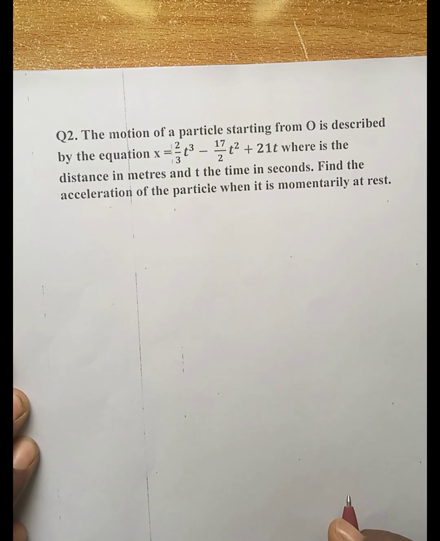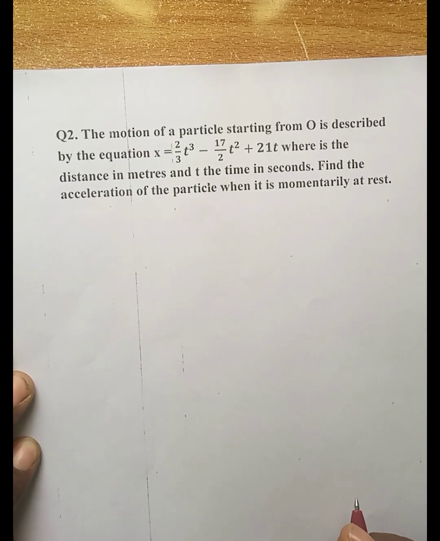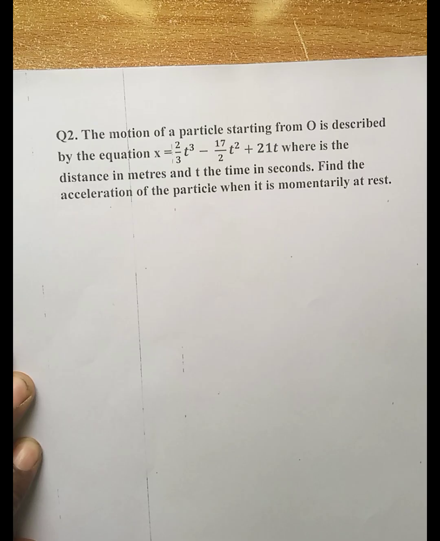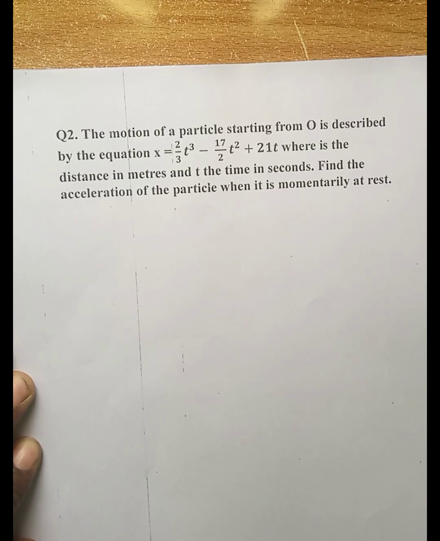Let us take a look at question 2. This question says that the motion of a particle starting from O is described by the equation x is equal to 2/3 t cubed minus 17/2 t squared plus 21t, where x is the distance in meters and t is the time in seconds.